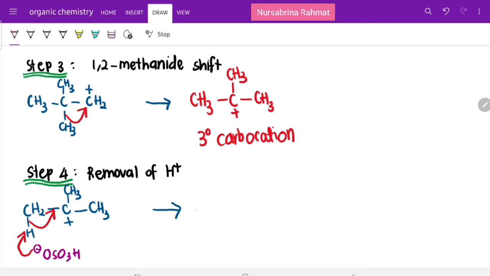So we are making here CH2 double bond C and CH3, and regenerating your sulfuric acid. This is the major alkene product that we produce when there are 1,2 methanide shifts involved in your reaction.